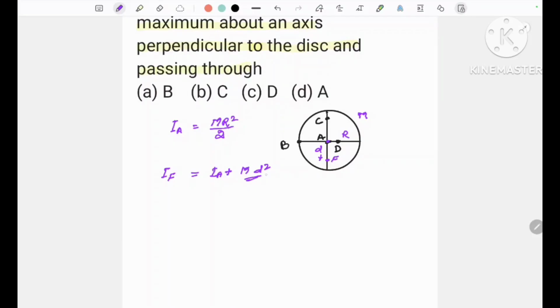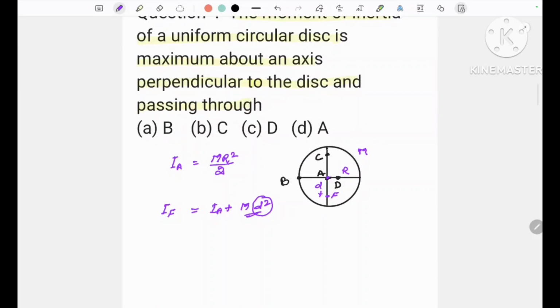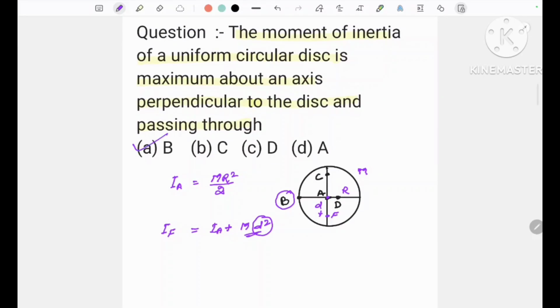So the moment of inertia depends on d square. The point where d is maximum, the moment of inertia is maximum there. Hence, the moment of inertia will be maximum at point B, and A is the correct option.